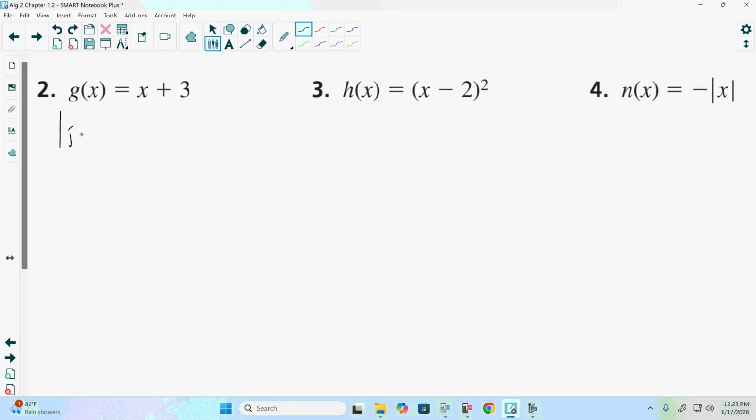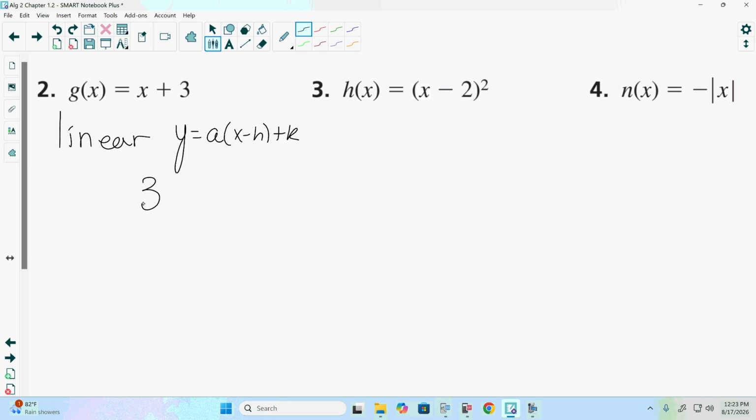Let me try that again. Do we have a value for H? No. Do we have a value for A? I mean, no, technically, yes, it's 1, but 1's not changing anything. It's not negative, so there is no reflection. The only thing we have is K. What's the value of K? 3.